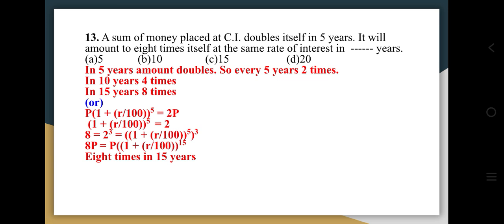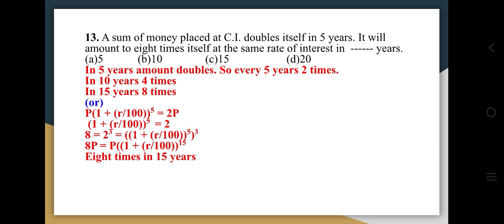So between 10 and 5 we have 5 years. At the end of 5 years it becomes 2 times. So at the end of 10 years it is 2 into 2, which is 4. So in 10 years it becomes 4 times the amount.